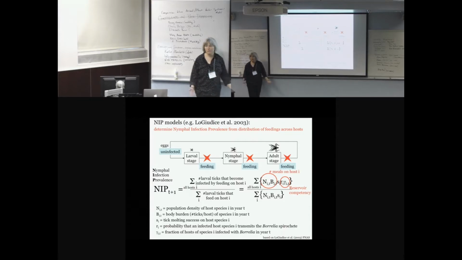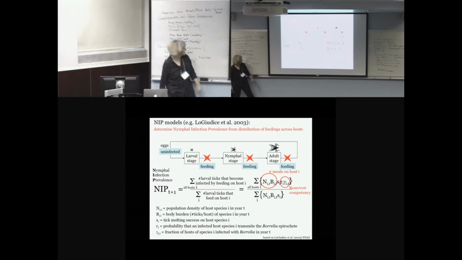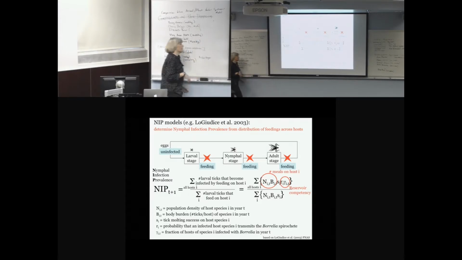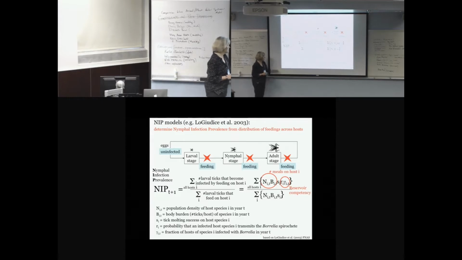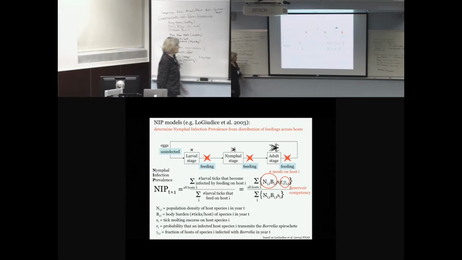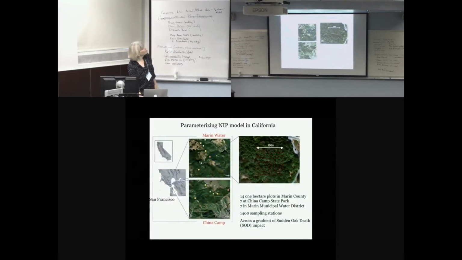All of the different components of this are actually things that we can go out and measure in the field. Things like the population density of the different species, the body burden or number of ticks per host, the molting success of those ticks, the probability that an infected host of a given species will transmit the spirochete, and the fraction of those hosts of a given species that are infected. And so we did this.